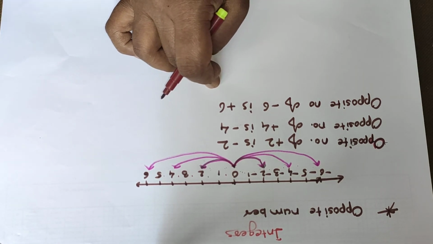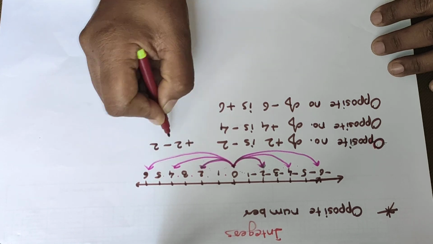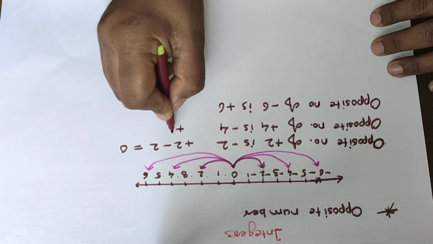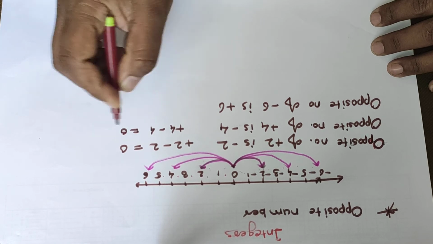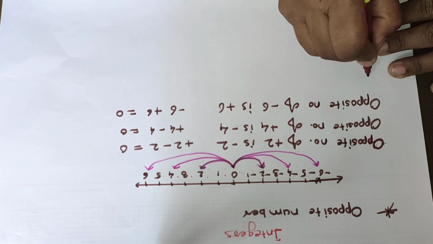Plus 2 is opposite to minus 2, plus 4 is opposite to minus 4, and minus 6 is opposite to plus 6. And if we add these two numbers, you will notice that plus 2 minus 2, the answer is 0. Plus 4 minus 4, the answer is 0. Minus 6 plus 6, the answer is 0. So from these two points we are understanding.